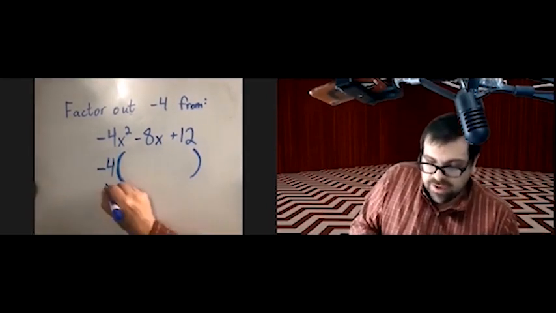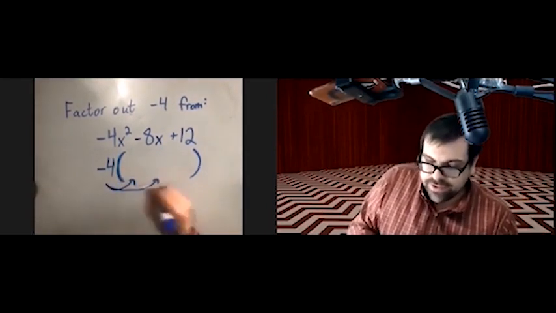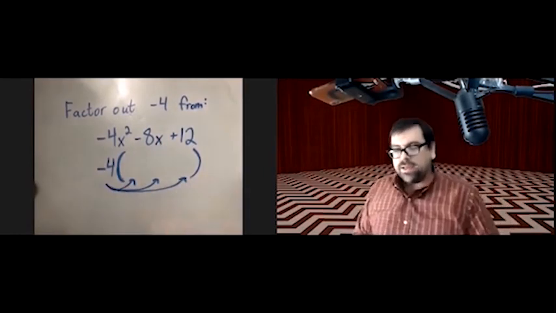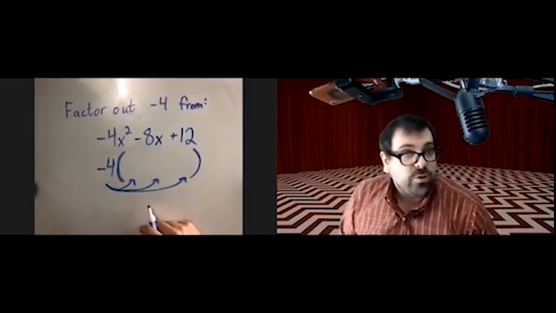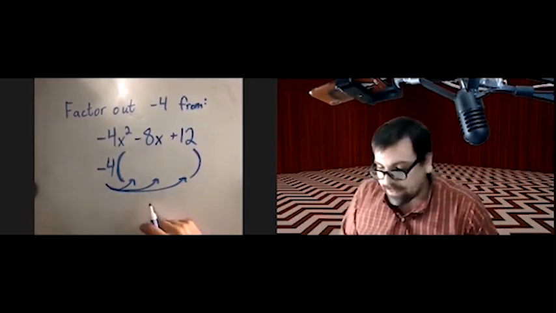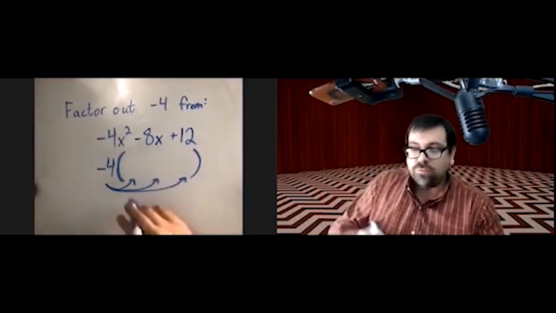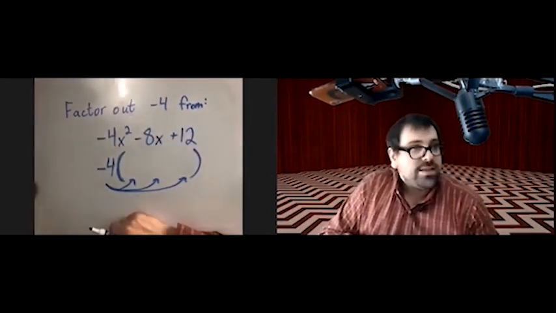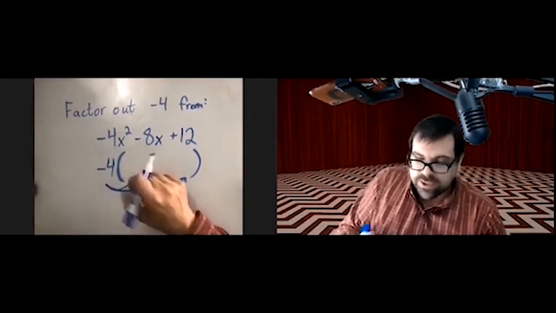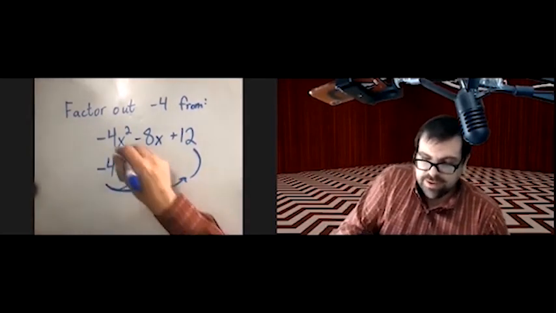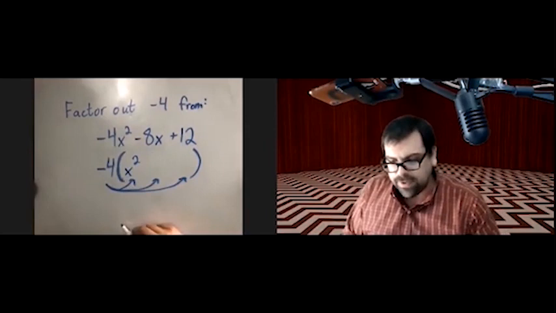So if a -4 is coming out, we need to think about the distributive property in reverse to find out what the 3 terms in our leftover piece will be. 3 terms in the leftover piece because 1, 2, 3 terms in the original. Negative 4 times x squared is negative 4x squared.